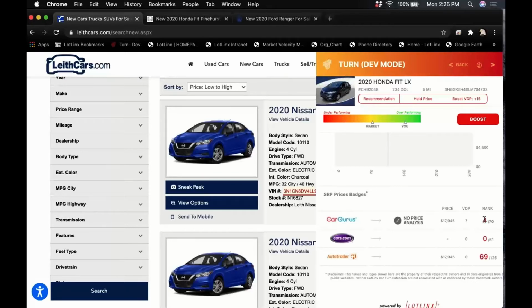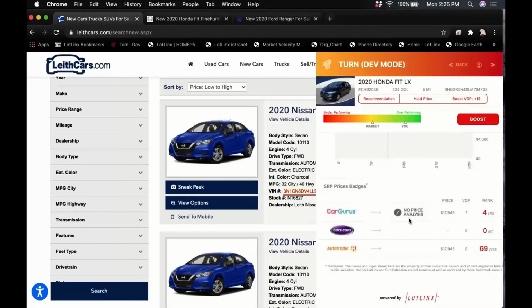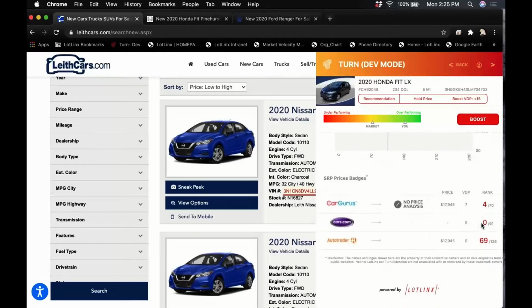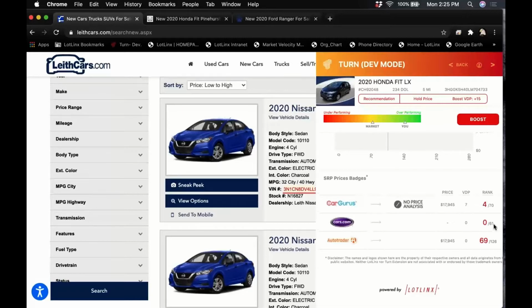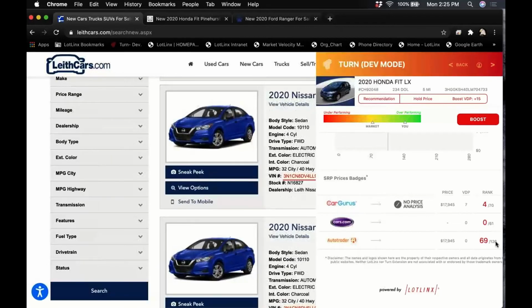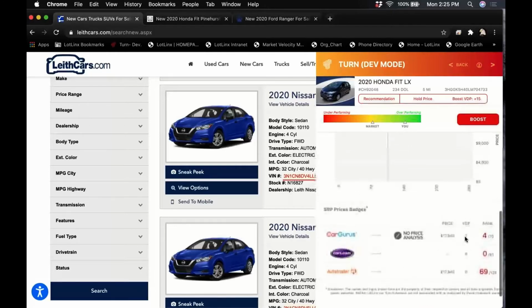So it's got good position on CarGurus, but CarGurus has not scored it in terms of its value. It's not on Cars.com for some reason. They've got 61 items listed on their site that are competing. And AutoTrader has 126 competing cars, and it's in the 60th position in search results on AutoTrader. So a good, quick way to see how that car is being featured on the third-party portals.